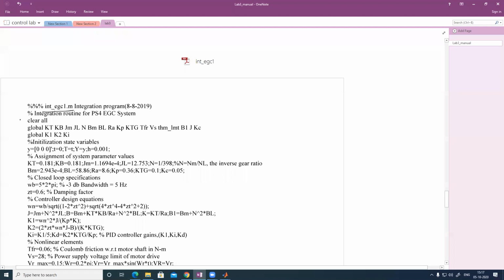We are clearing all and globally declaring all the variables: kt, kb, jm, jl, everything. You enter the parameters, and globally declare k1, k2, ki. We initialize y as 0, 0, 0 transpose, small t equal to 0, capital T equal to small t, and y equal to small y.